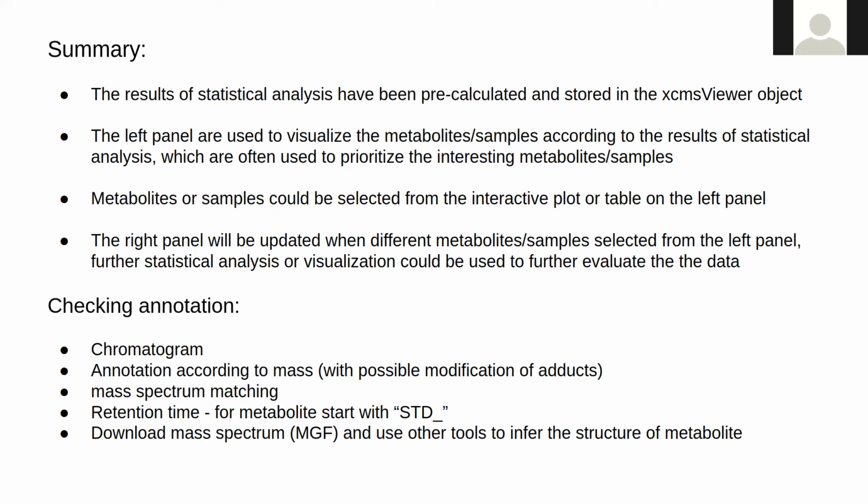So this is another resource we can use for our annotation. And the last thing is, if we don't know what a feature is but it generates some mass spectrum, we can use this mass spectrum to infer the structure. This can be done by downloading the MGF and using some structure inference tool.